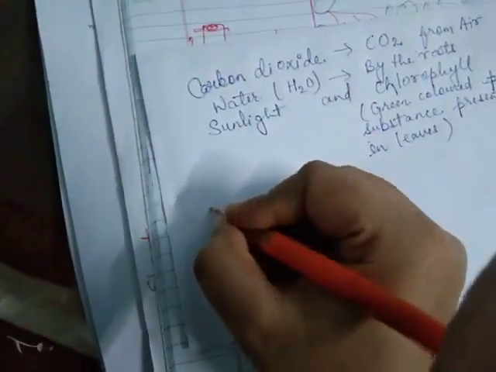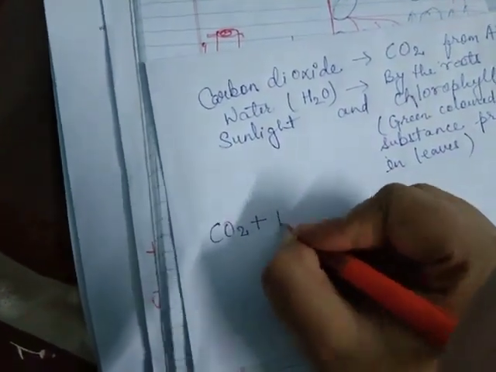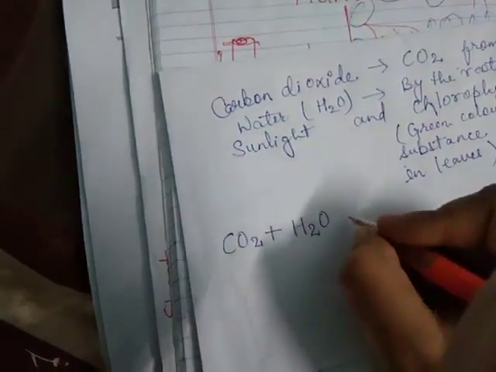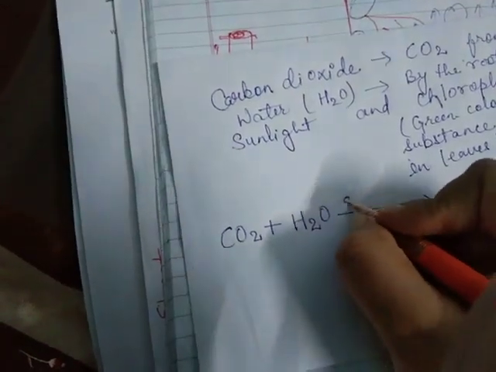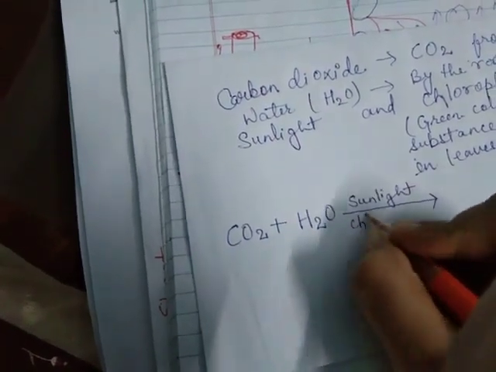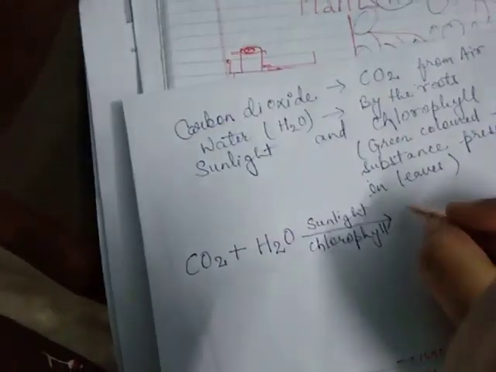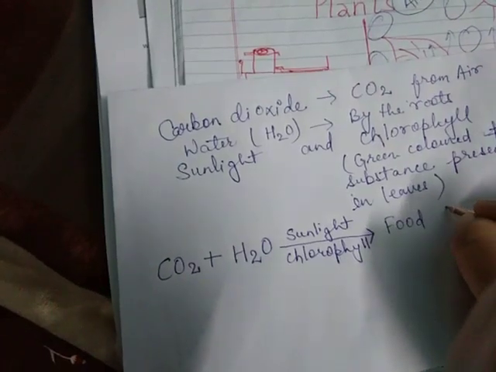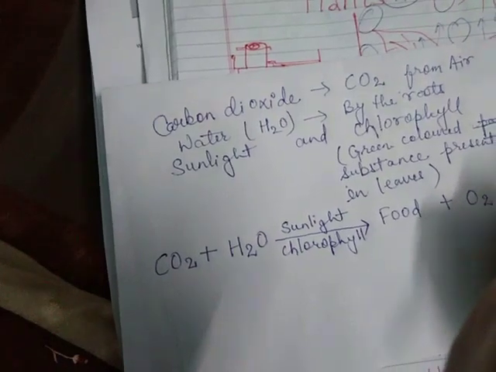Now see, CO2, that is carbon dioxide, when it mixes with H2O, that is water, and in the presence of sunlight and chlorophyll forms food for the plant and releases O2.